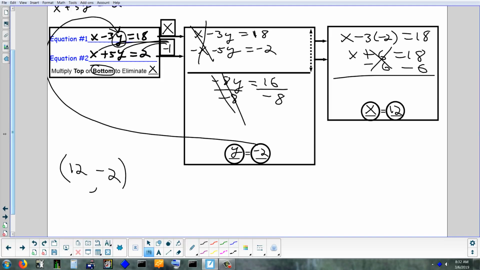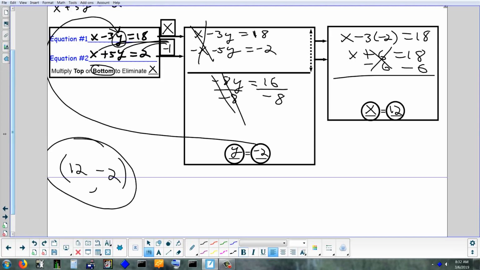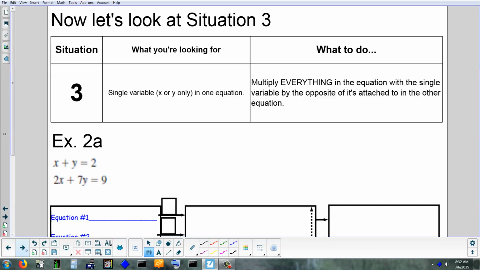So this is a location. What would happen at that spot if you drew both of these lines? It's a very special spot. It's not just any random coordinate. Exactly. It's where the two lines intersect. We're just finding where they would intersect without actually graphing it, because graphing is a lot less precise. You don't need a ruler or anything like that.